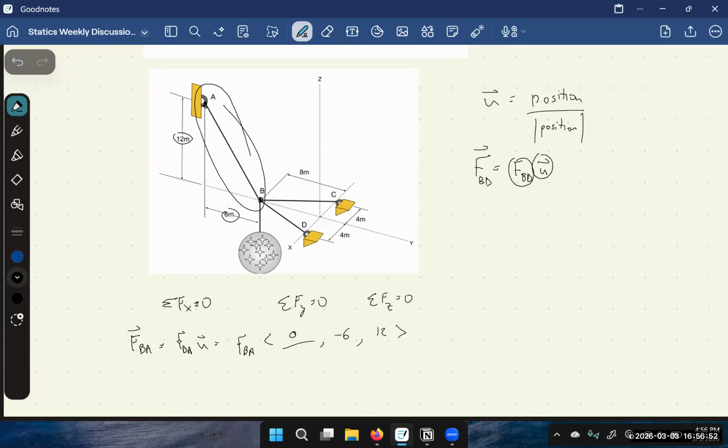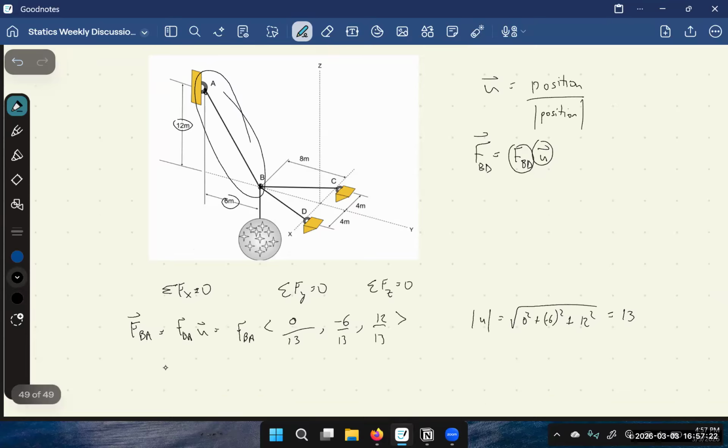And we're dividing each one by the magnitude. The magnitude of U is the square root of 0 squared plus -6 squared plus 12 squared. That gives us 13. So everything is going to be divided by 13. And that's our first vector.